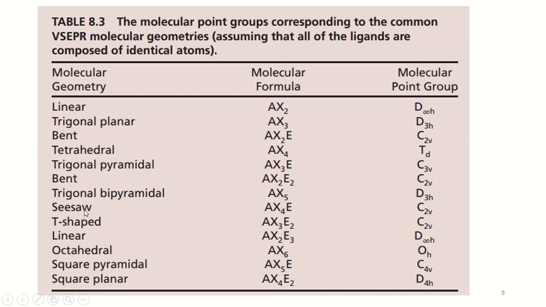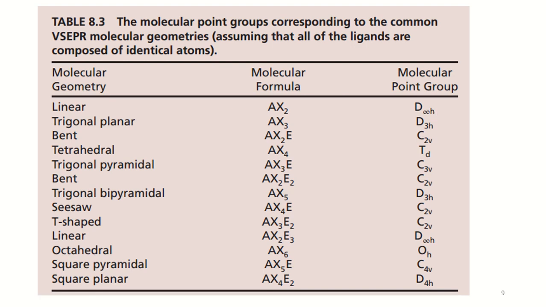If the geometry is seesaw and the molecular formula is AX4E, then it would be C2v. If the molecular geometry is T-shaped, then C2v. If the molecular geometry is linear with the formula AX2E3, then it's again D∞h, which we have already discussed in linear geometry with molecular formula AX2.